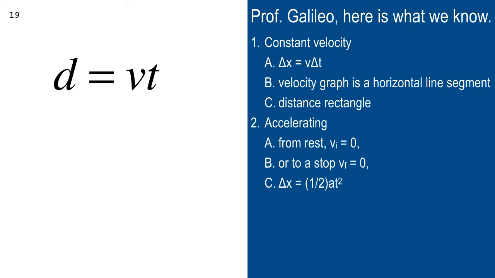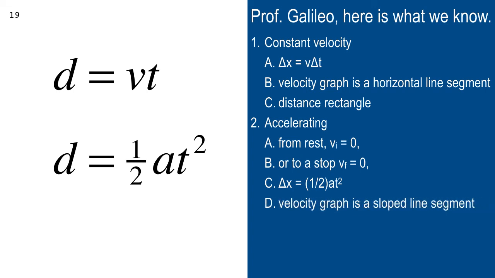Delta x equals 1/2 at squared. That's this one. D equals 1/2 at squared. Now, when we start talking about exact positioning in 2 dimensions, we're going to have to use a little bit fancier of an equation. And I'll show you how to do that probably Thursday. All right.